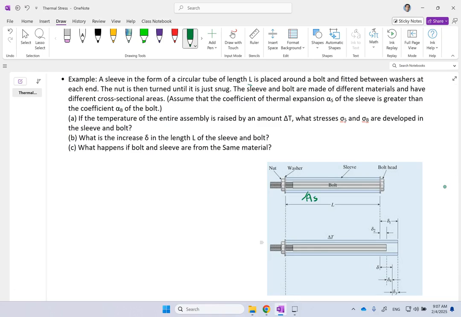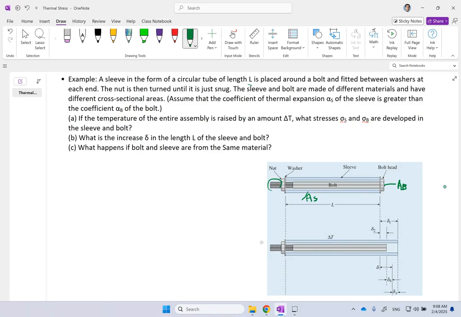Now on both sides there are washers, and then there is this long bolt and the nut, and the sleeve is restrained by the bolt, nut, and the washer. Now the bolt has cross section A of bolt, and it has the effective length of L as well. That is under pressure. This portion of it is free, so we don't need to count that.